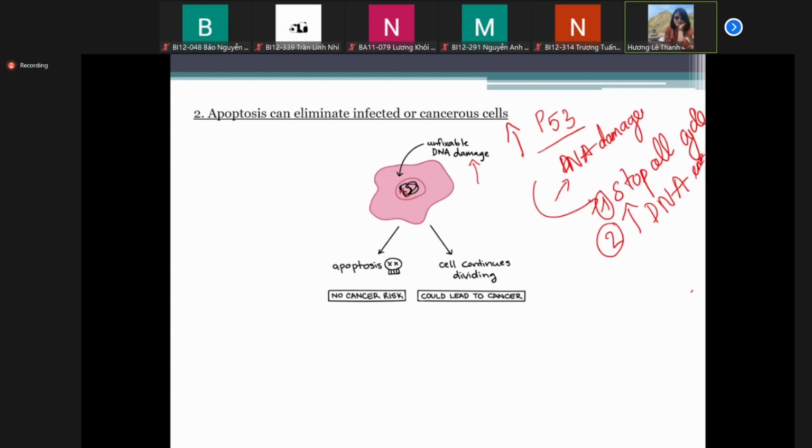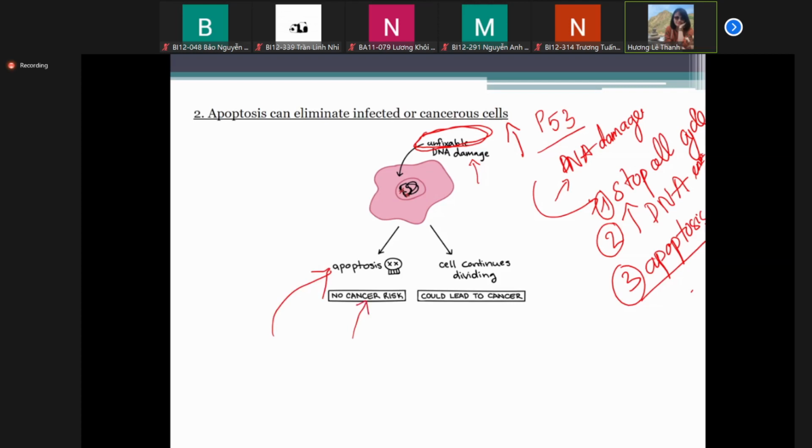Third, if it's unfixable, P53 will activate apoptosis. This cell with DNA damage needs to die, so we can prevent the risk of cancers in our bodies.